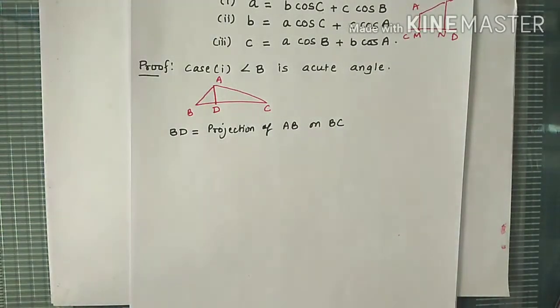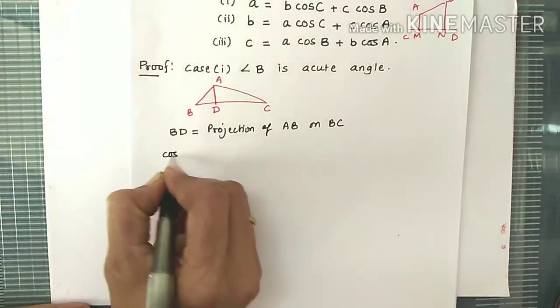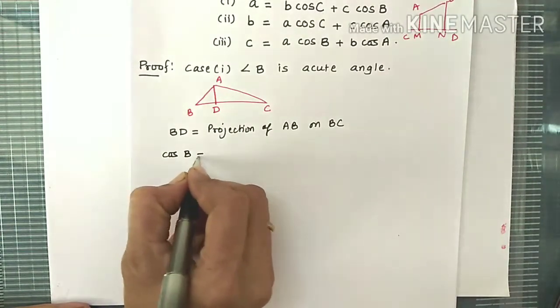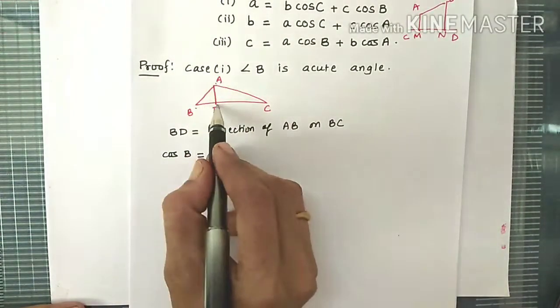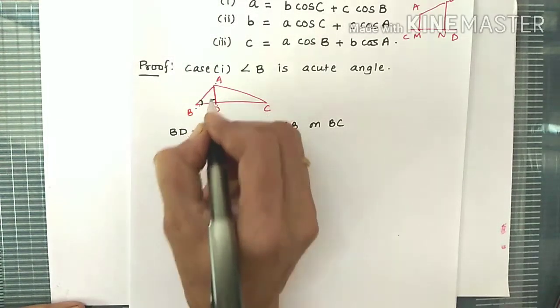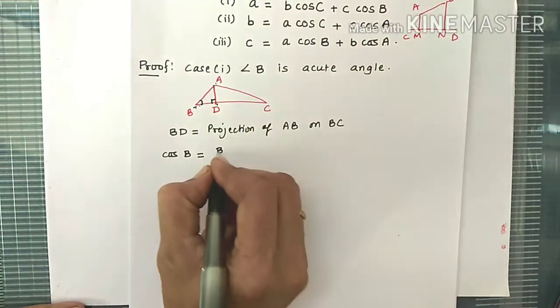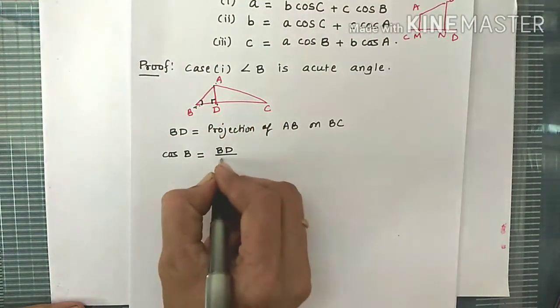So if B is acute angle, what we have here is cos of B. Let's see what is cos of B. Cos B equals to, consider this triangle ABD. Cos B is adjacent side, that is BD divided by AB. So cos B is BD upon AB.